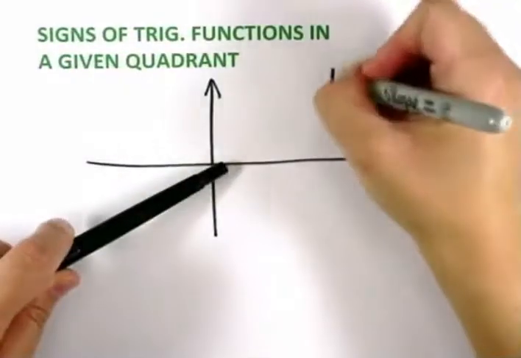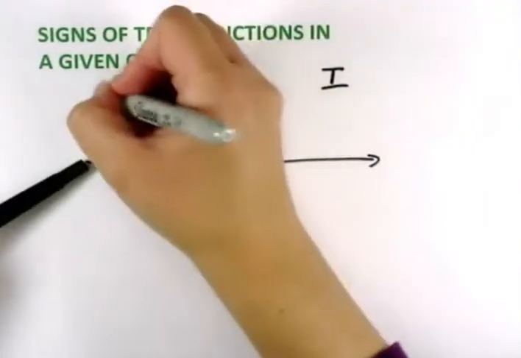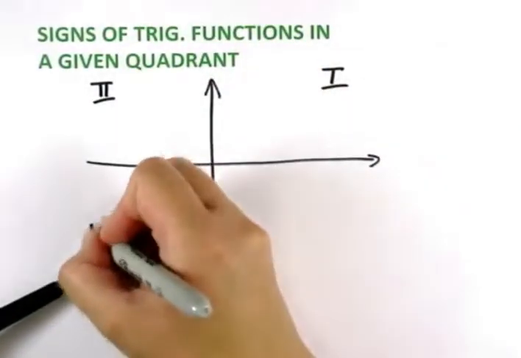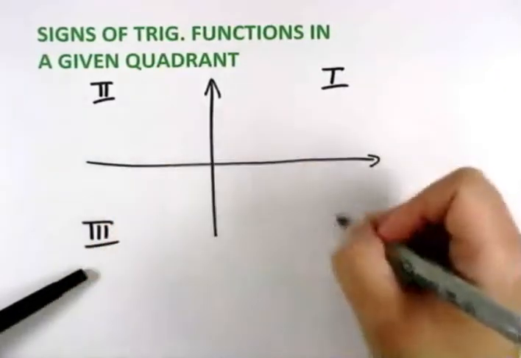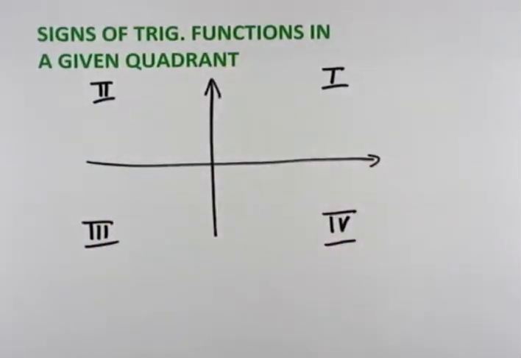This is my first quadrant. This is my second quadrant. This is my third quadrant. And this one is my fourth quadrant. That's how the coordinate system is divided into quadrants.